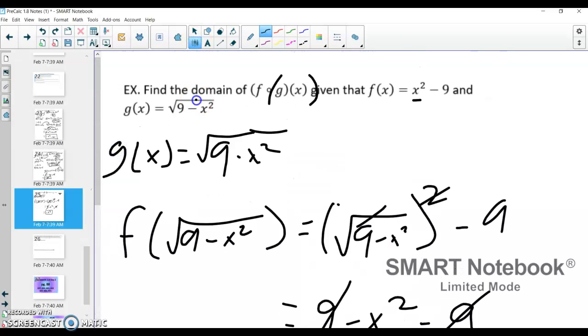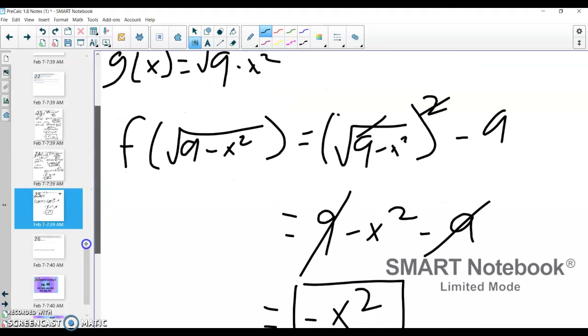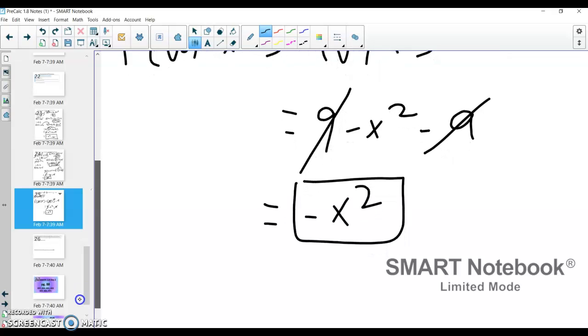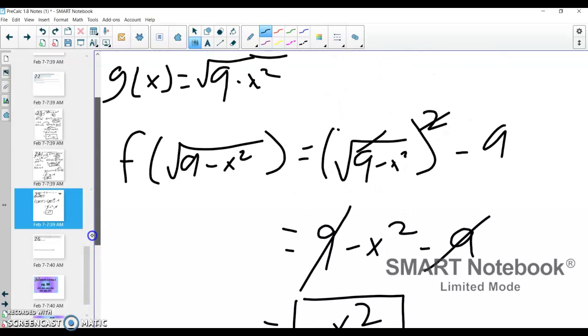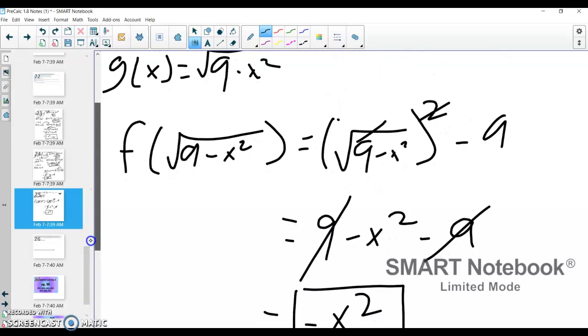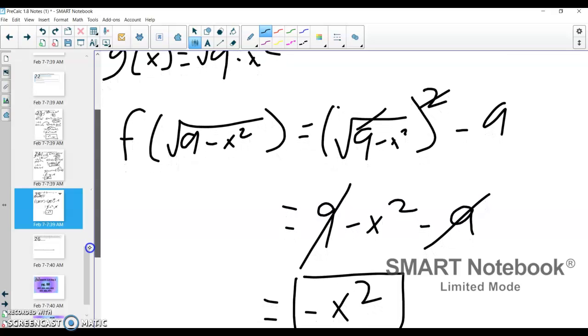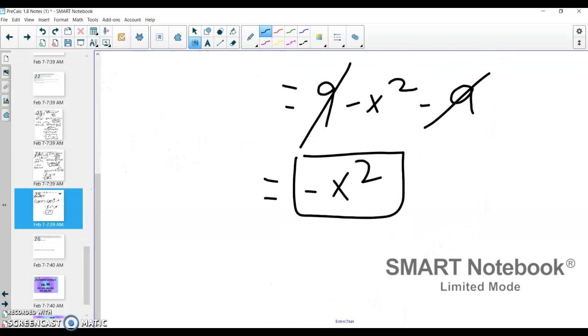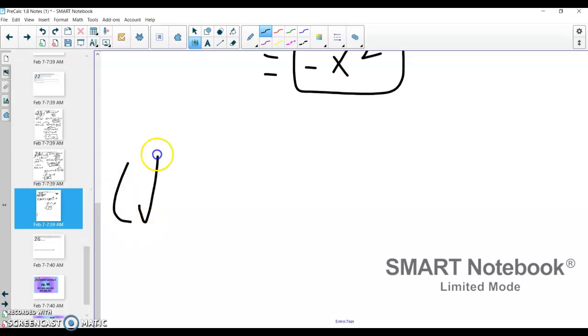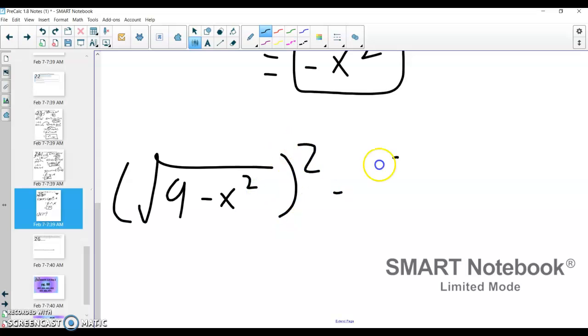But we also want to look for the domain, and I talked about that a little bit in class on Friday, where we want to do the domain first before we start reducing, and I kind of went against my own rule there because I didn't do the domain first. And so again, if we look at this function, it was the square root of 9 minus x squared minus 9.